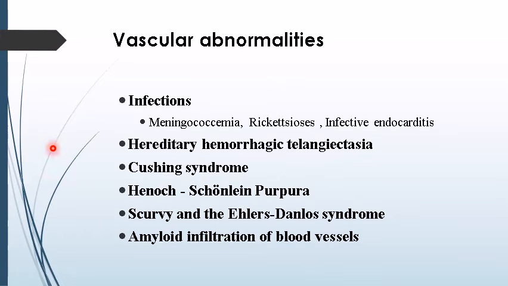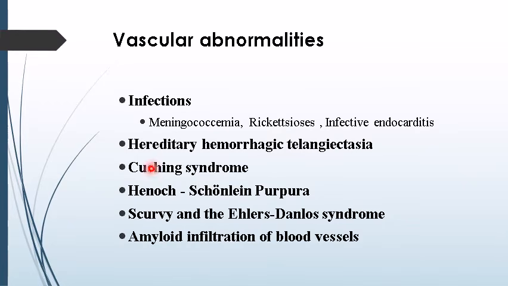Cushing's syndrome. Cushing's syndrome is a syndrome because of excessive steroid in the body. Either the patient is taking extra steroid iatrogenically, or the patient has adrenal tumors that secrete corticosteroid. Corticosteroid will affect vasospasm, so the initial response to injury will be diminished.